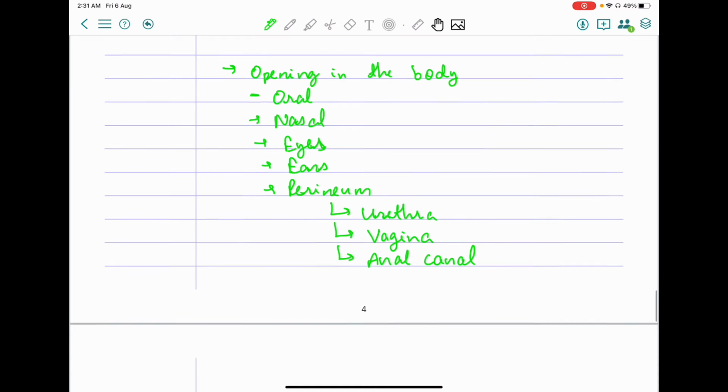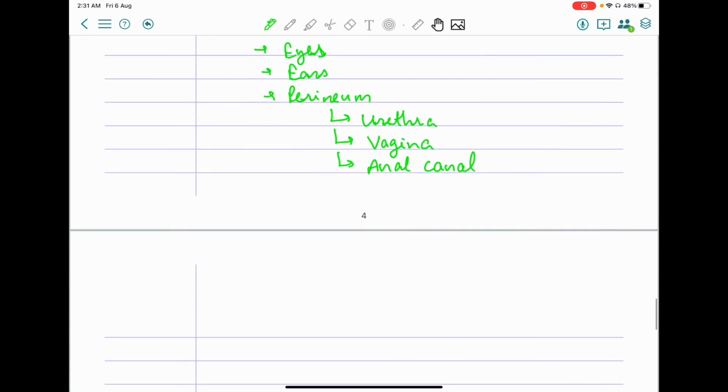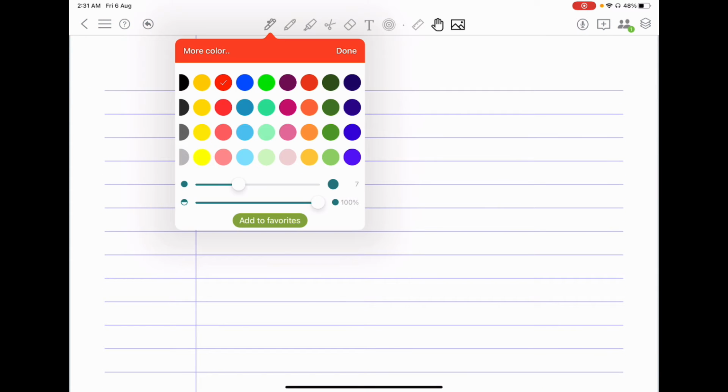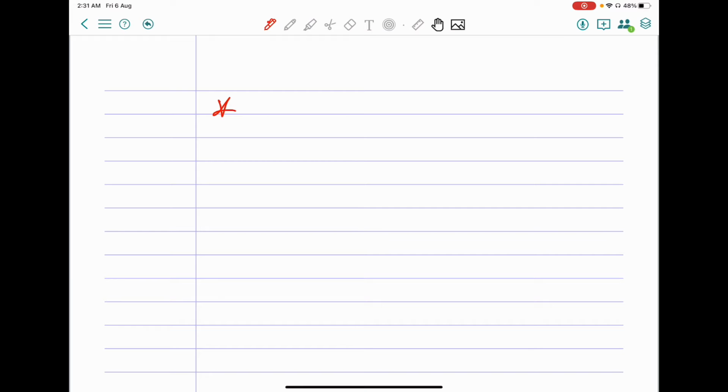Okay. One more thing that is very important, I have to tell you: in the epiglottis, do you know that the epiglottis has two types of epithelium?